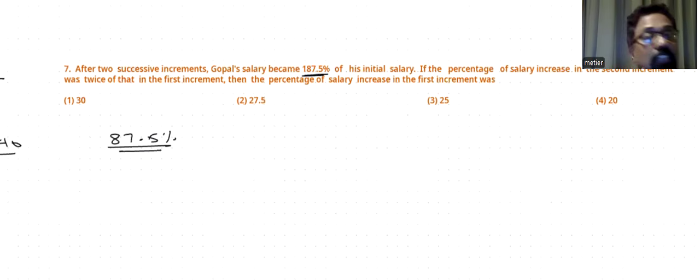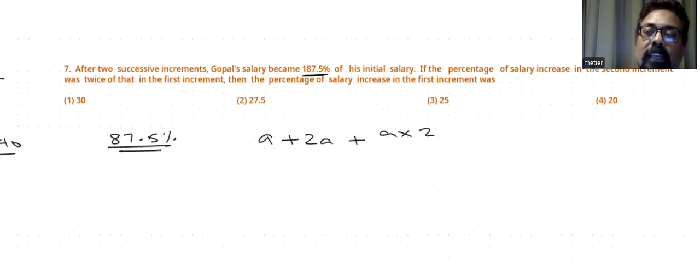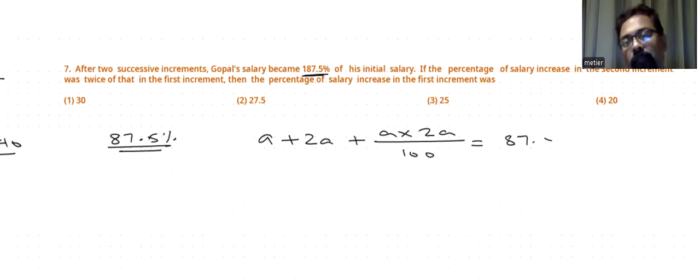Let's go with the equation of successive percentage change. Say the first is A. The second increment is twice of that, so it is 2A. And it will be A plus 2A plus A into 2A by 100, which will be equal to 87.5.